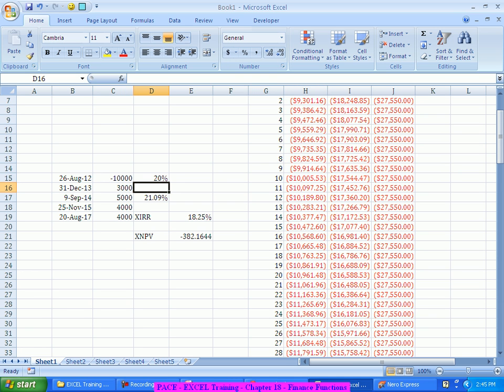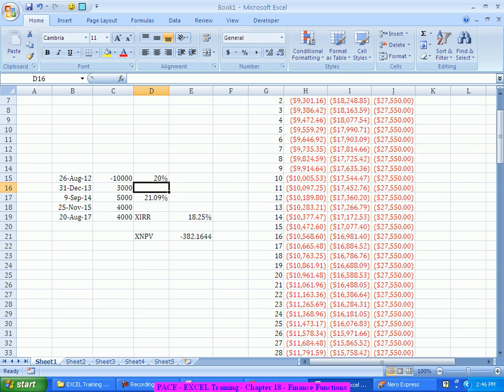The 2003 version of Excel did not have these two formulas. Because of the growing demand for computing NPV and IRR on an irregular period basis, they came up with the XNPV and XIRR formulas. But the underlying concept is one and the same in both.